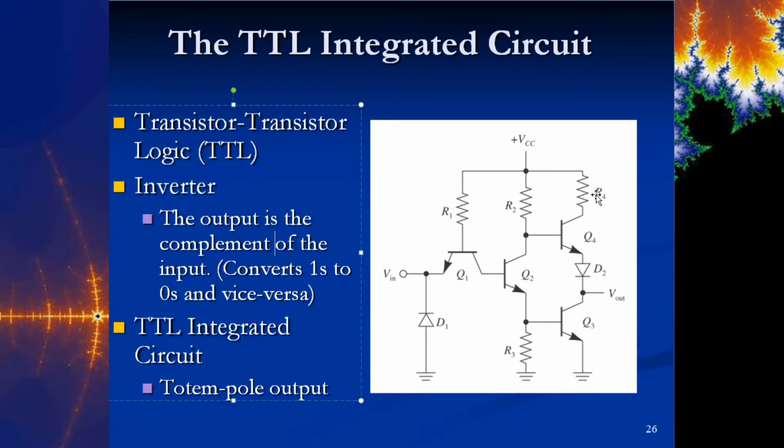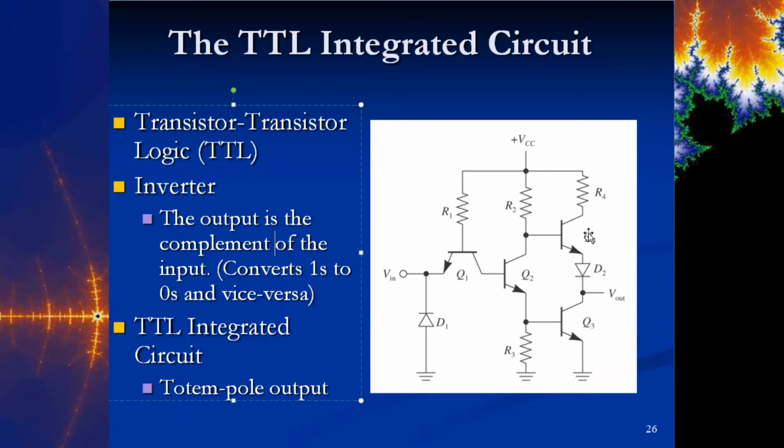So you have this totem pole output. You have the transistor stacked onto another transistor, and that's where you get this TTL, because you have the totem pole output here. The way that you get a high or a low on the output in that IC chip is that either this one is on or this one is on.